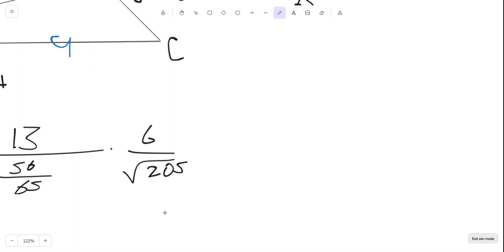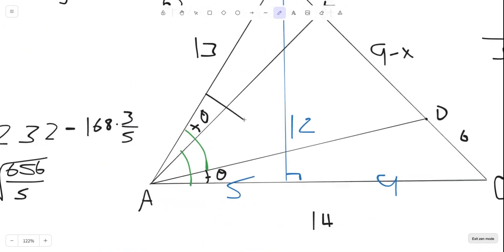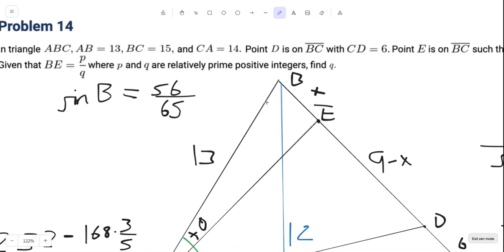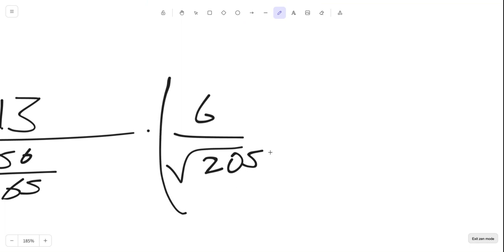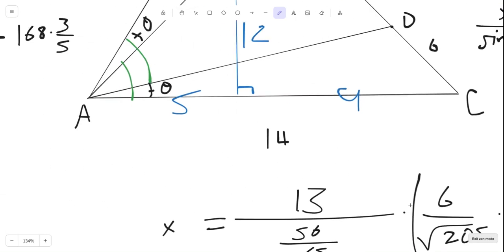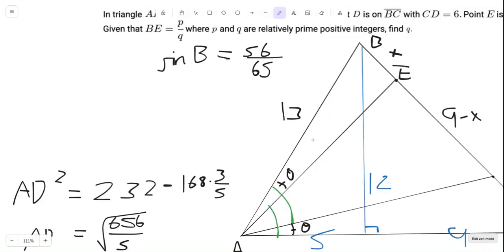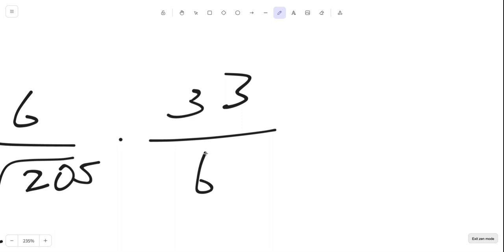Oh yeah, sorry. We have to find the sine of this angle, which is a sine sum of these. So it's going to be sine theta cosine B plus cosine theta sine B. Sine theta is known, and cosine B you can find using the Pythagorean theorem, and difference of squares makes it easier.